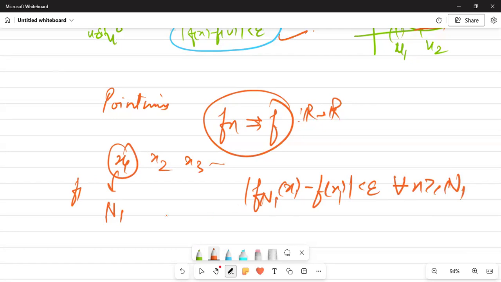But for x2 you might get n2 which is not equal to n1, and similarly you might get n3.